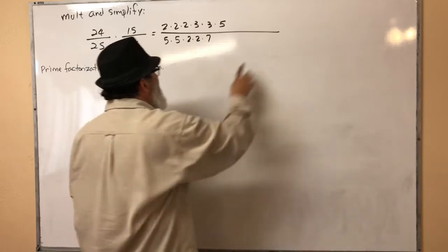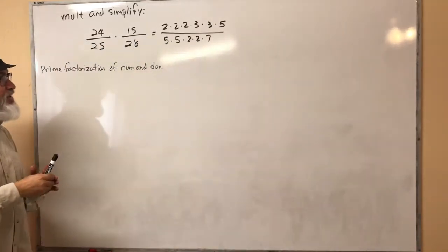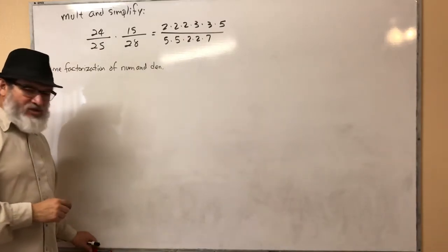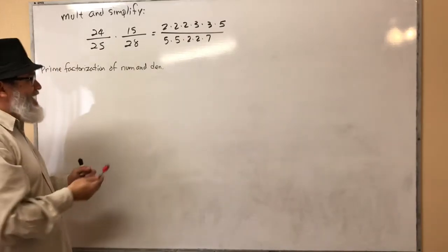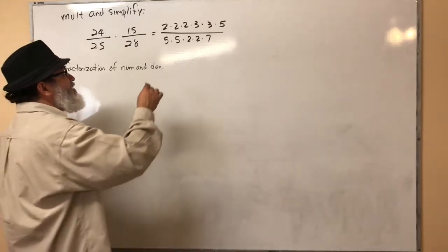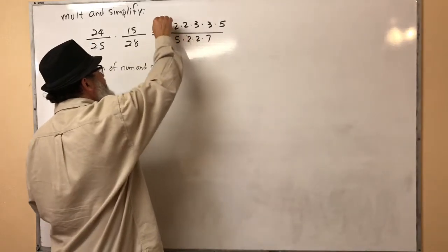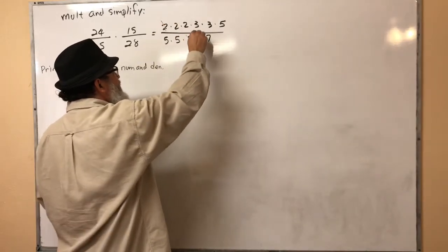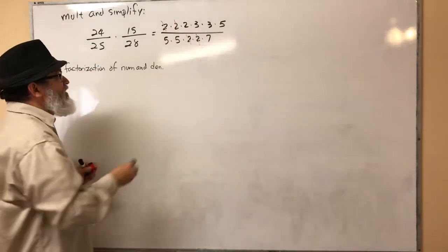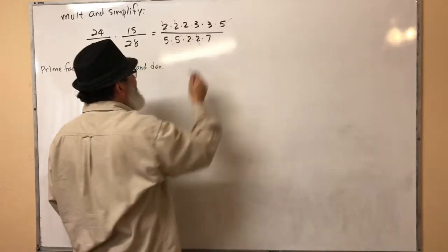There you go, guys. So now I have the prime factorization of the numerator and of the denominator. And now I am ready to simplify. So this 2 cancels this 2. This 2 cancels this 2. This 5 cancels this 5. Is that it?